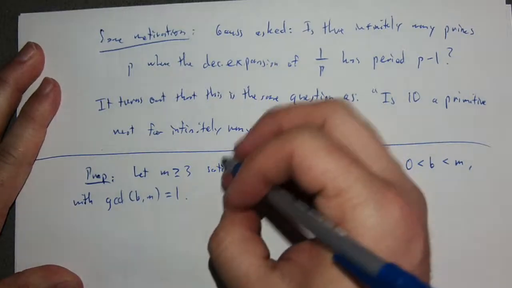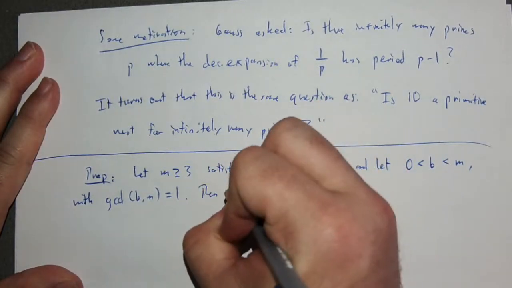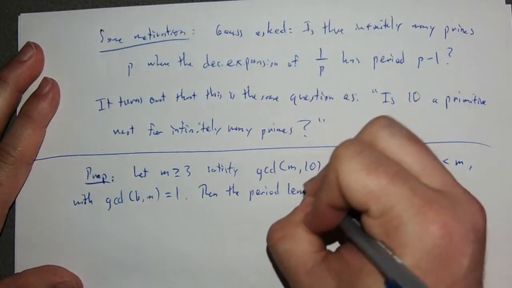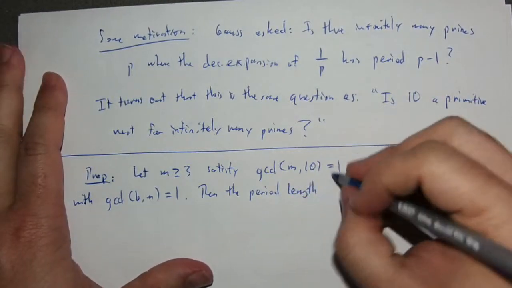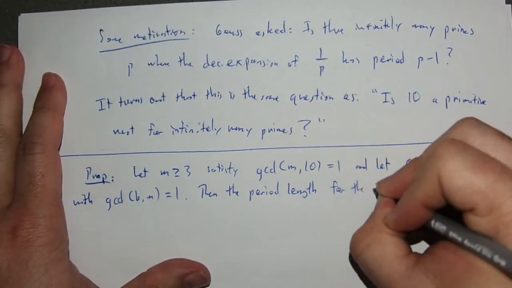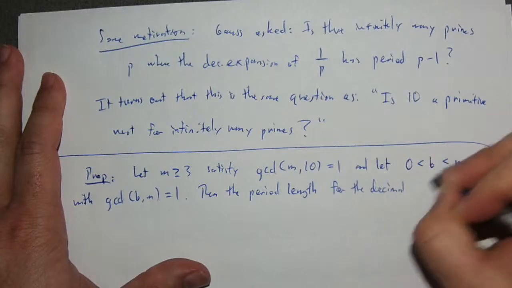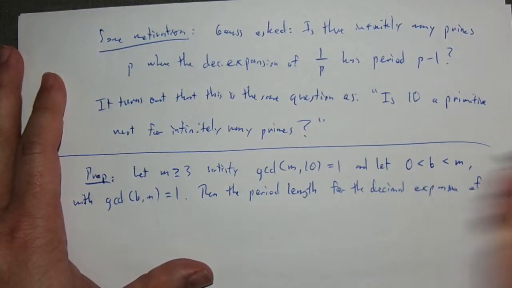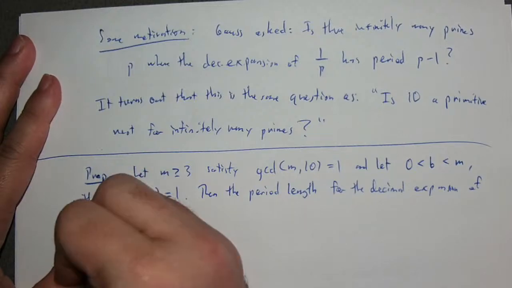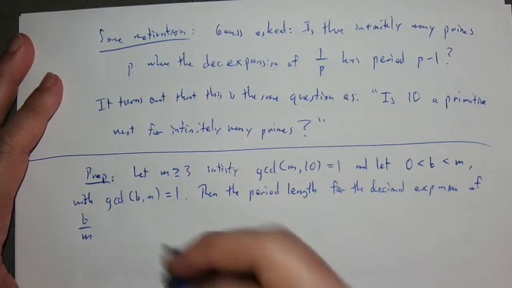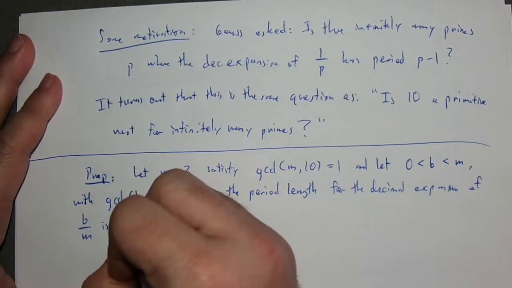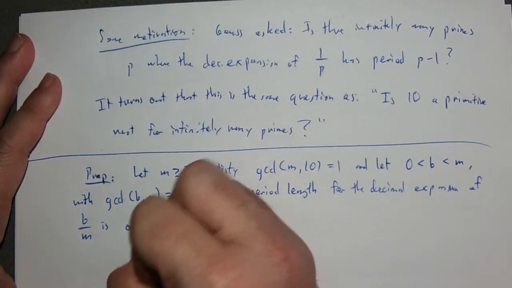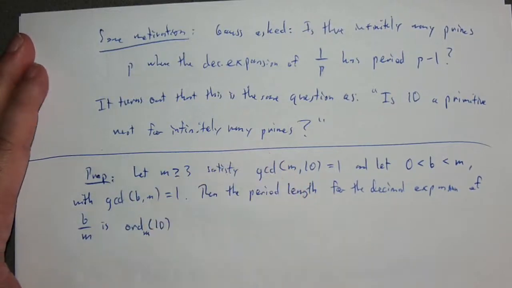Okay. Then the period length for the decimal expansion of the fraction b over m is the order of 10 mod m.